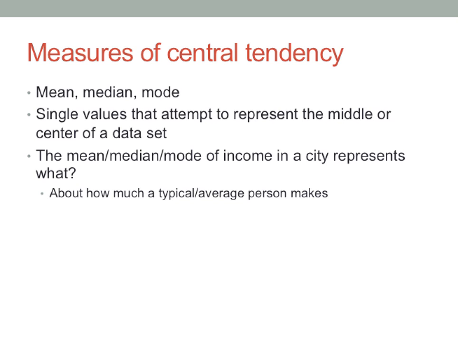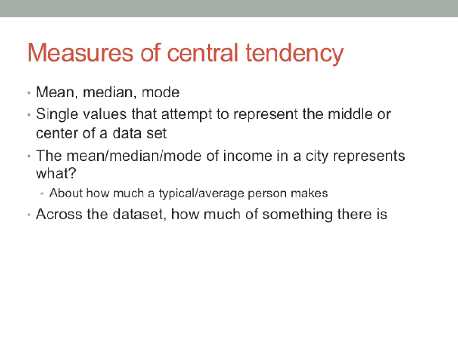So this is going to be true for all of the mean, median, and mode. All three of them are looking for approximately, as just a basic way to look at it, how much of something there is. It's not completely accurate, but how much of something. How much income does someone have? How much happiness? How depressed are people? But across a data set.